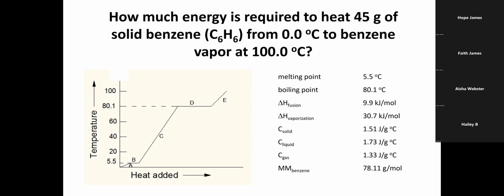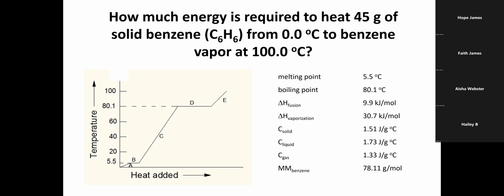So different things are happening in those different regions. You should probably be able to tell me what's going on in each of those regions. But you've also got all this data over on the side here. A lot of data, right? Because we have a lot of different materials with a lot of different properties, so we need to know all those different things. I even gave you the molar mass just for fun.